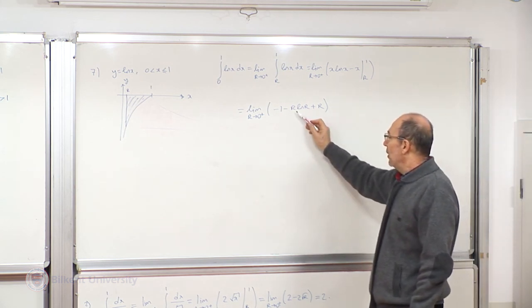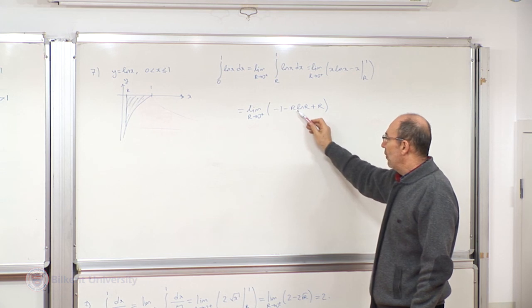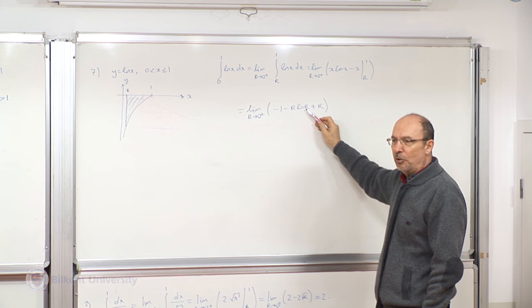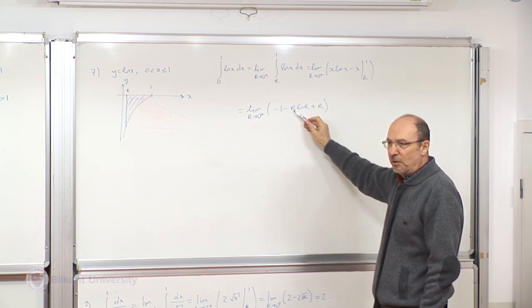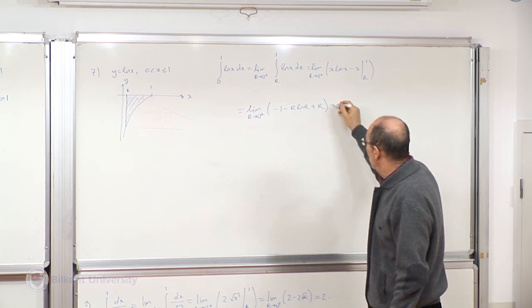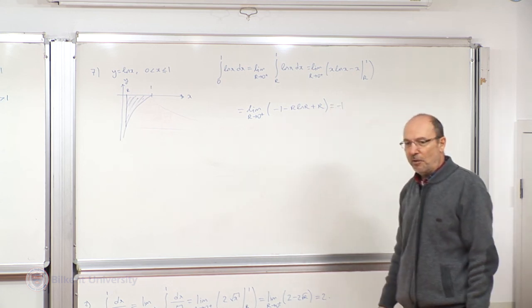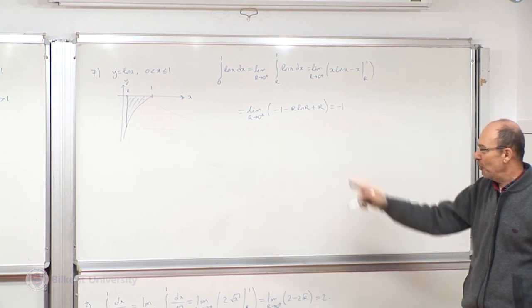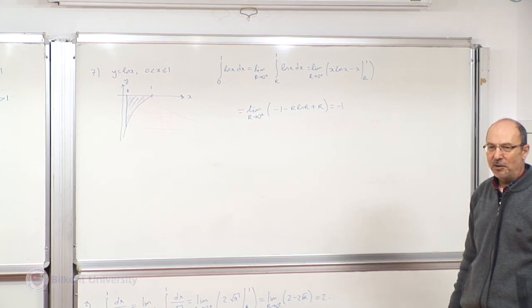Now the limit as r goes to 0 of r times ln r. We did these things. When a polynomial and a logarithm fight, the polynomial wins. So this goes to 0. This goes to 0 too, so we get minus 1. How can an area be minus 1? Either you made a mistake or the area is under the x-axis. Here you see the area is under the x-axis.